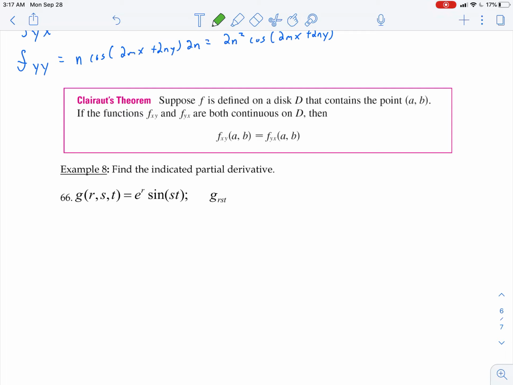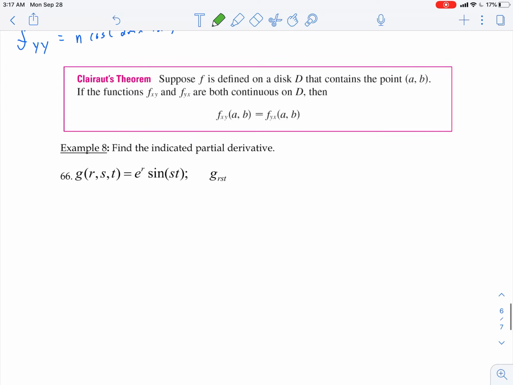All right, so now last one, we want to find the indicated partial derivative, and here we have three independent variables. Notice how it's written g sub rst. When finding the indicated partial derivative, in this case the third partial derivative, I need to make sure I'm going in the right order.